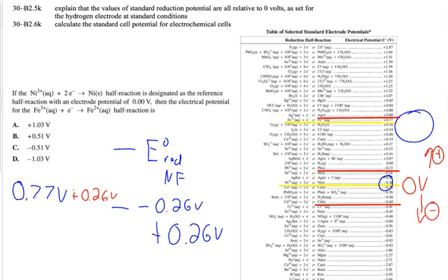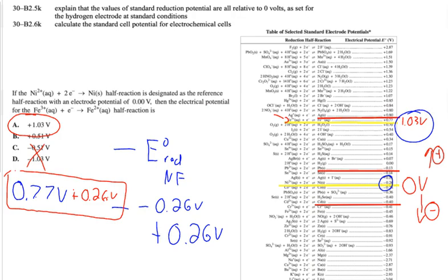So when we look at this question, because we're asked about the iron 3+, 2+ half reaction, it's above the new reference, so there's no way the answer is going to be a negative number. So it would have to be A or B, and the math that we've done identifies A as the correct answer. That's the new voltage for the iron 3+, 2+ with our new zero.